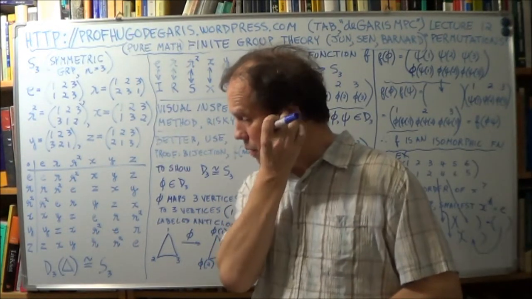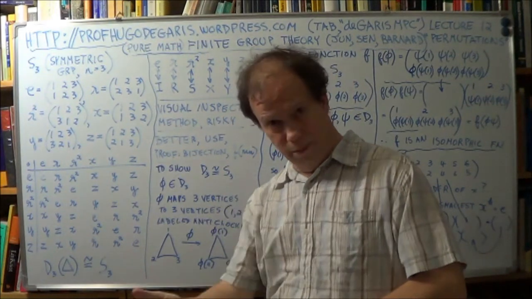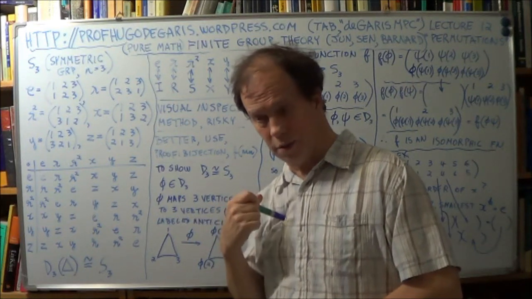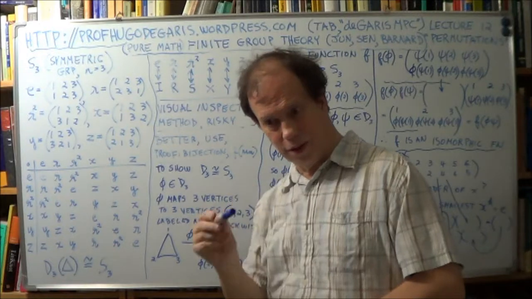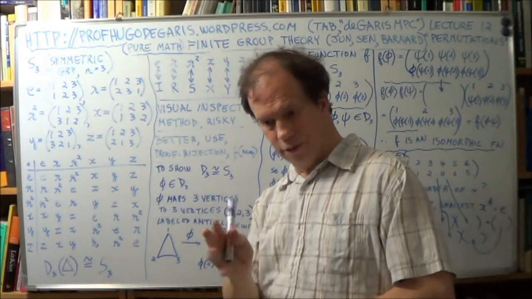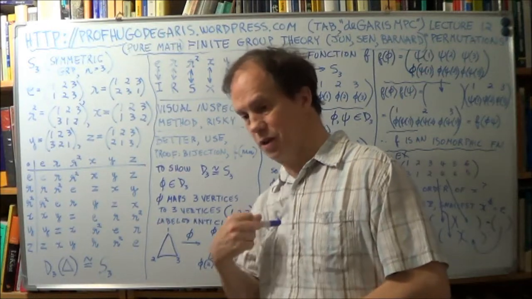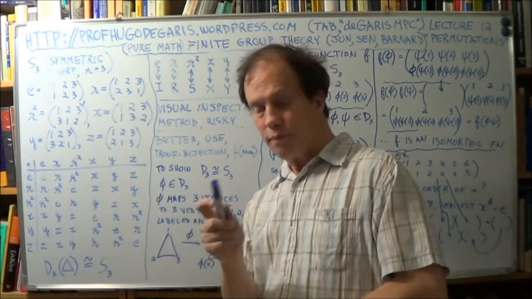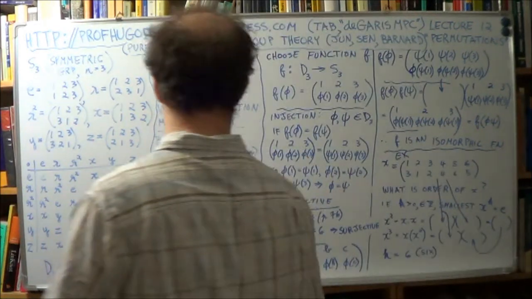So we agreed there had to be a better way, and the better way, which we then did many times in the last lecture, which was a very long lecture, turned out to be 30 clips of around 11, 12, 13 minutes each. So we did the general method, the more powerful method, to show two groups are isomorphic, and you probably remember.